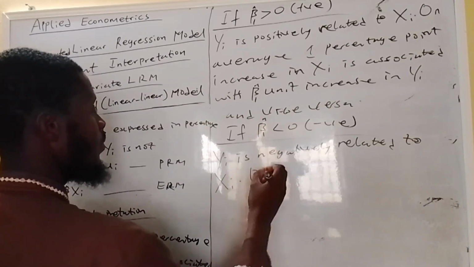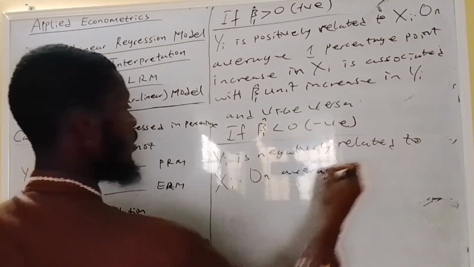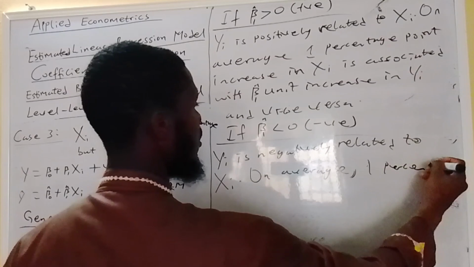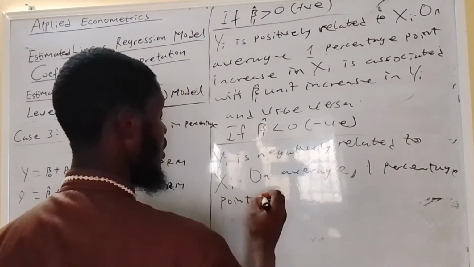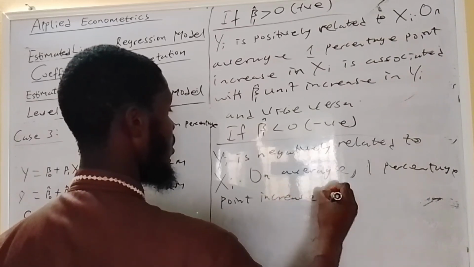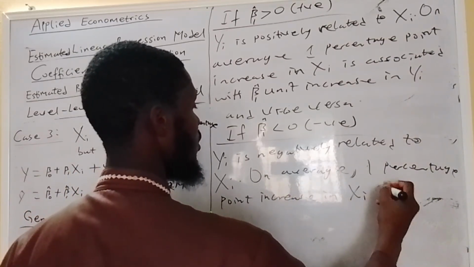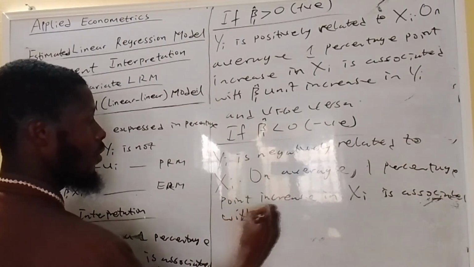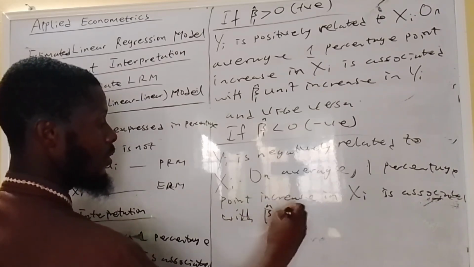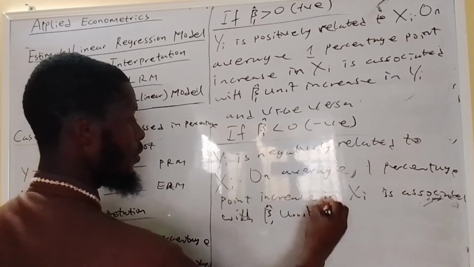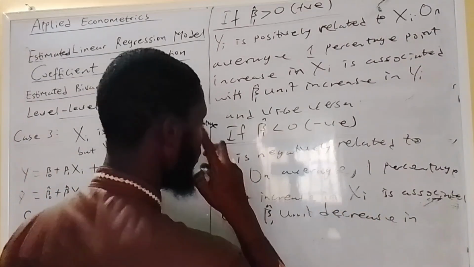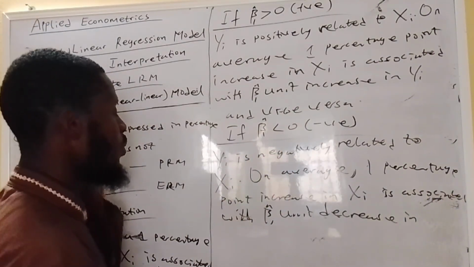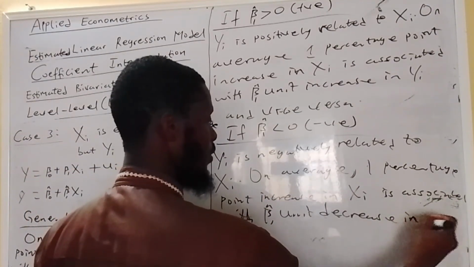Meaning that on average, a 1 percentage point increase in x is associated with beta 1 hat unit decrease in y, because for beta 1 less than 0, y is going to change toward the opposite direction of the change in x, so a decrease in y.